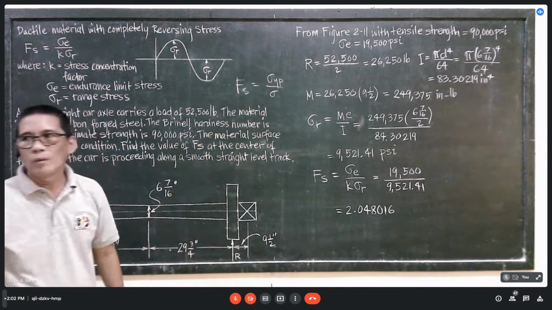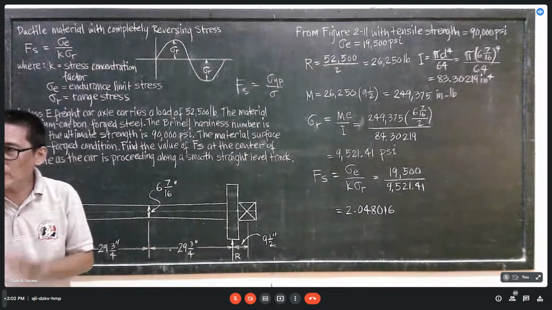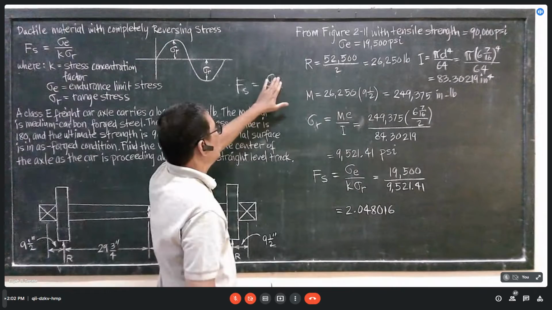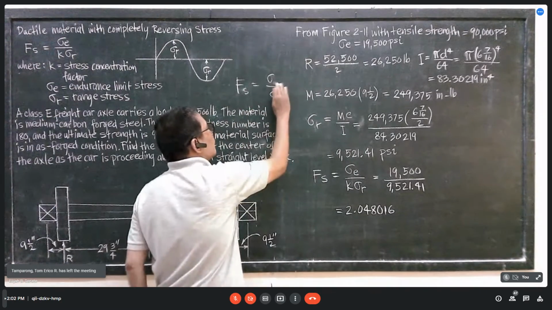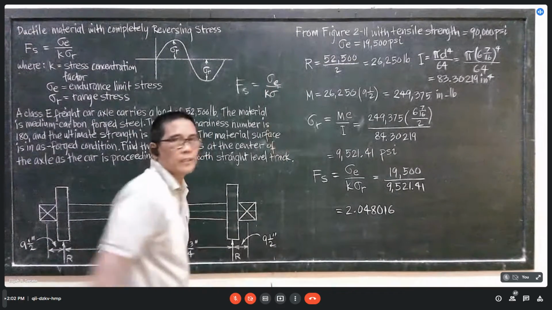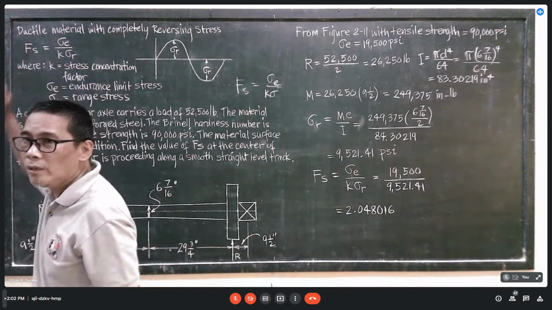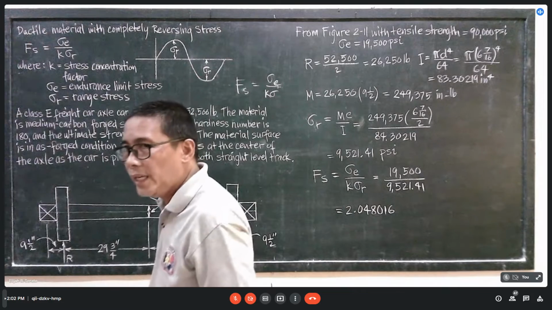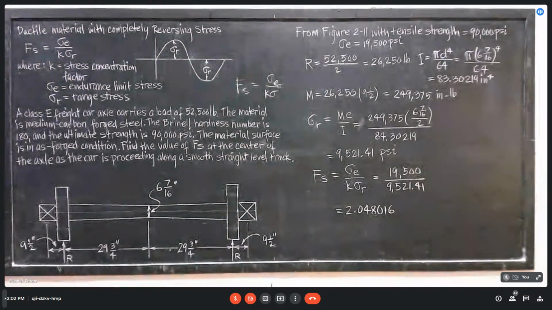However, when it is now a reversing or fluctuating load, instead of yield point, we now use the endurance limit, and we put the stress concentration factor. So we now include the stress concentration factor. For steady ductile materials, we can neglect the stress concentration factor.